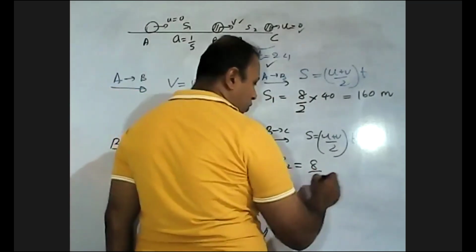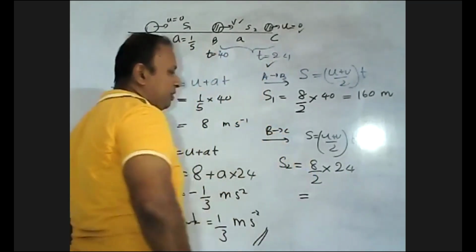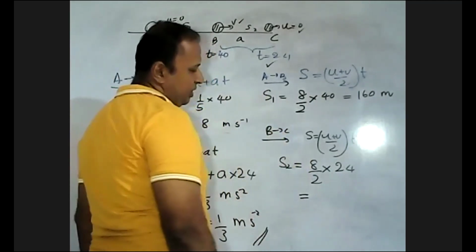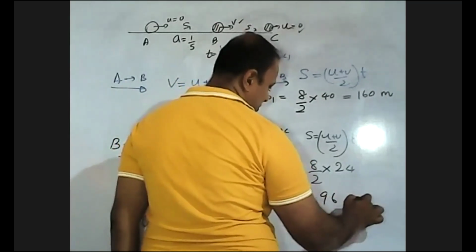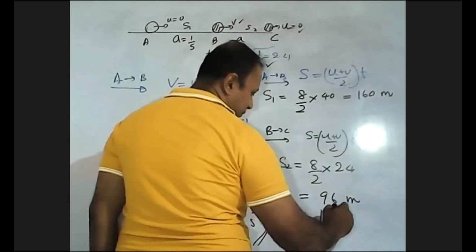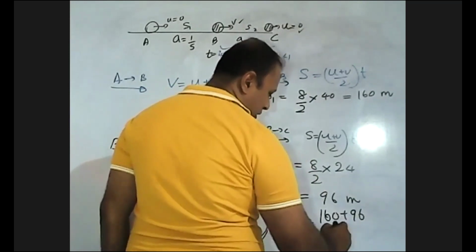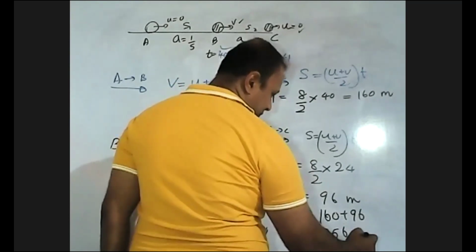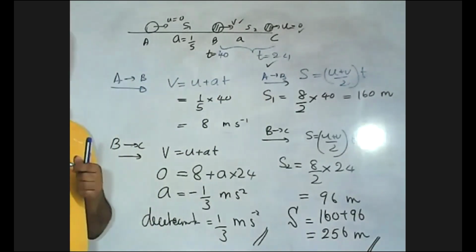So 8 over 2 times 24, so 4 times 24 means 96 meters. Therefore, total displacement is 160 plus 96 meters. Therefore, 256 meters.